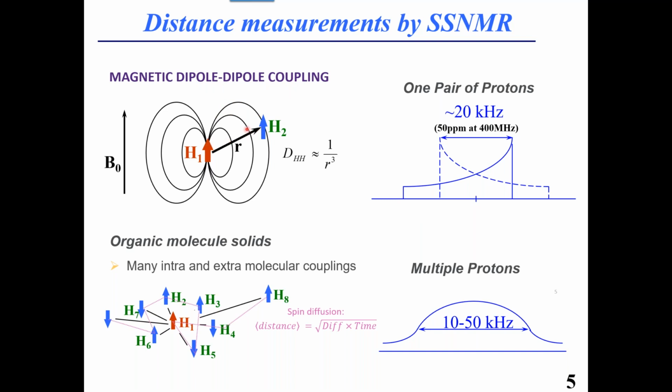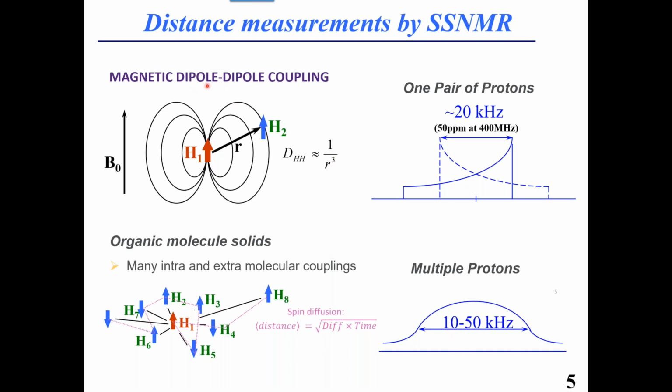The NMR nuclei, for example these two protons, behave like magnets. This dipole coupling is orientation dependent, and of course, what we want is also distance dependent. A little tidbit of information: I'm assuming that pretty much everybody in the audience knows liquid NMR.